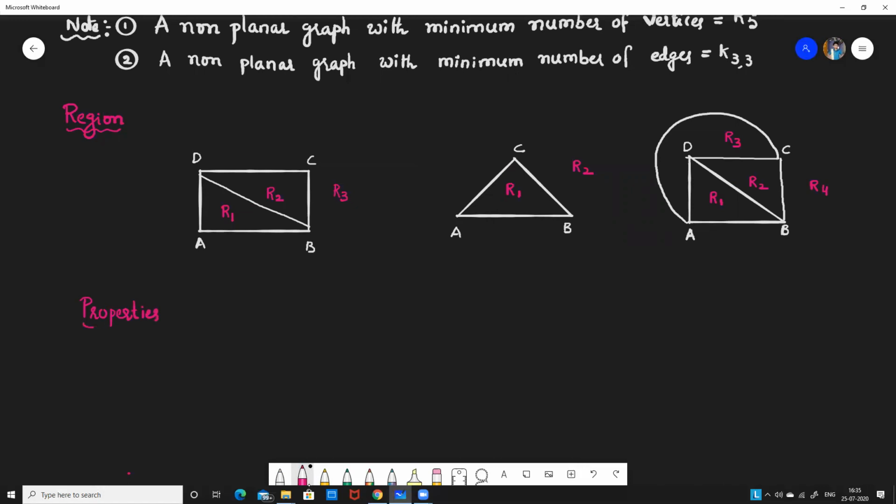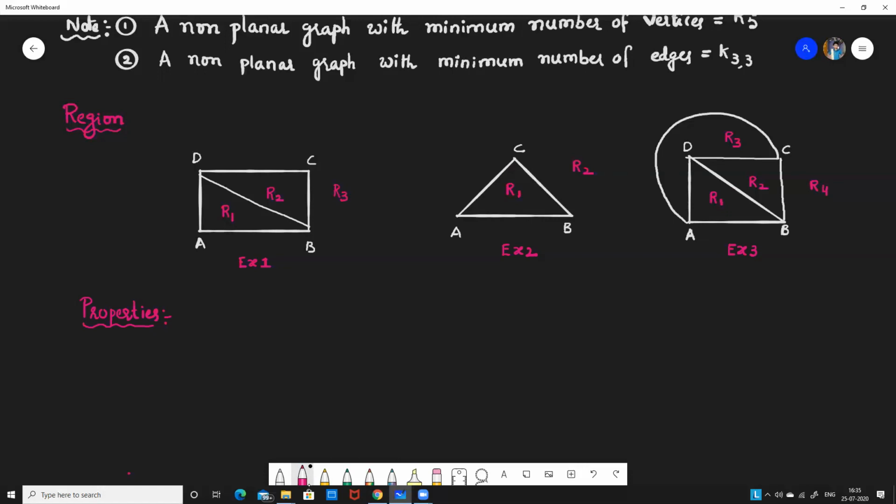Properties of regions. Okay. See, if you observe the first example, let me call it example number 1. We have three examples: the first is example number 1, the second is example number 2, and this is example number 3. Now we are talking about example number 1. In example number 1, I want to find the degree of every region.